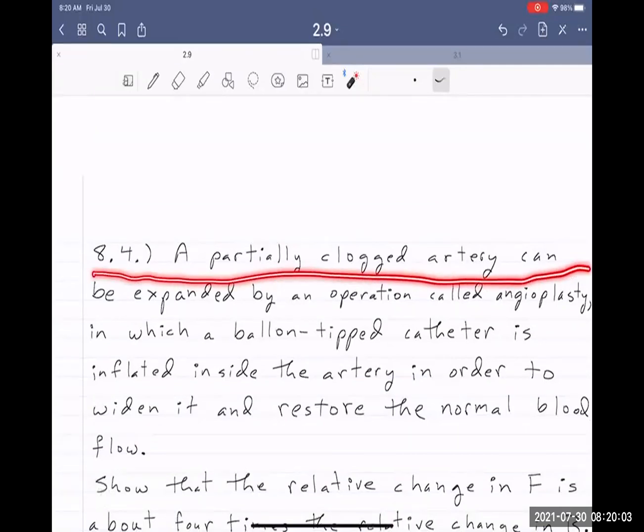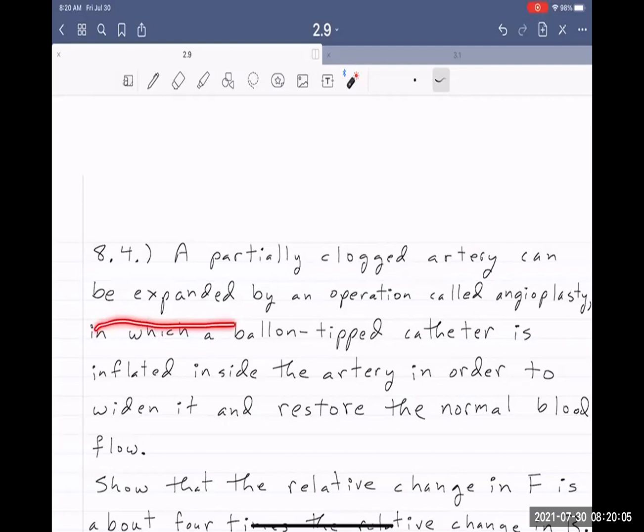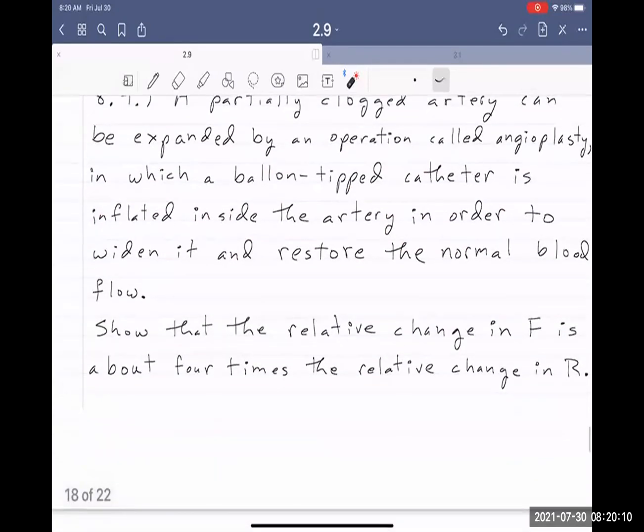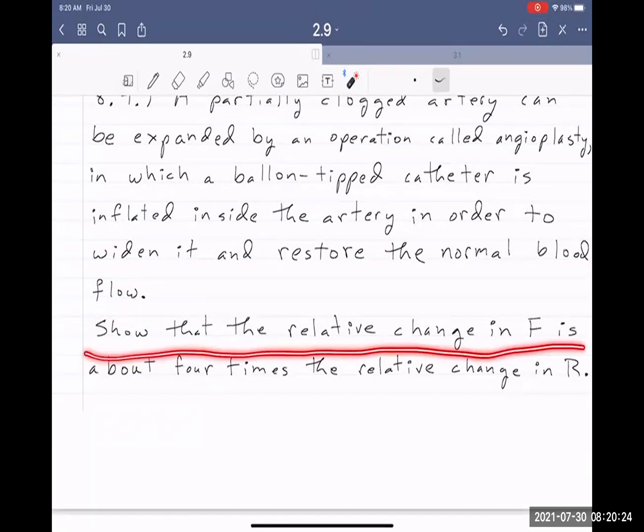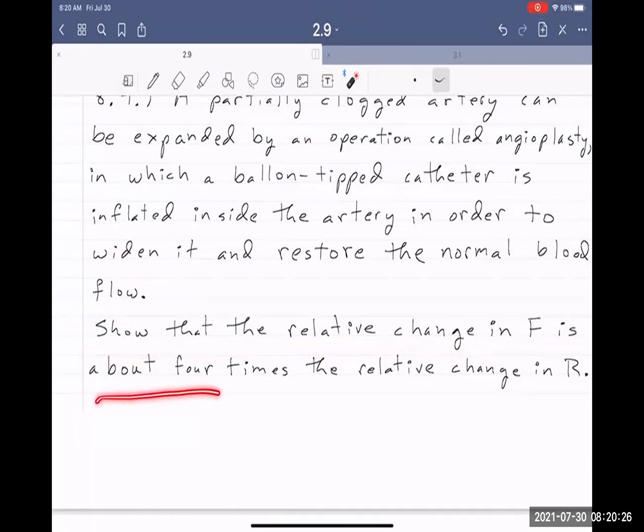A partially clogged artery can be expanded by an operation called angioplasty, in which a balloon-tipped catheter is inflated inside an artery in order to widen it and restore the normal blood flow. Show that the relative change in F is about 4 times the relative change in r.